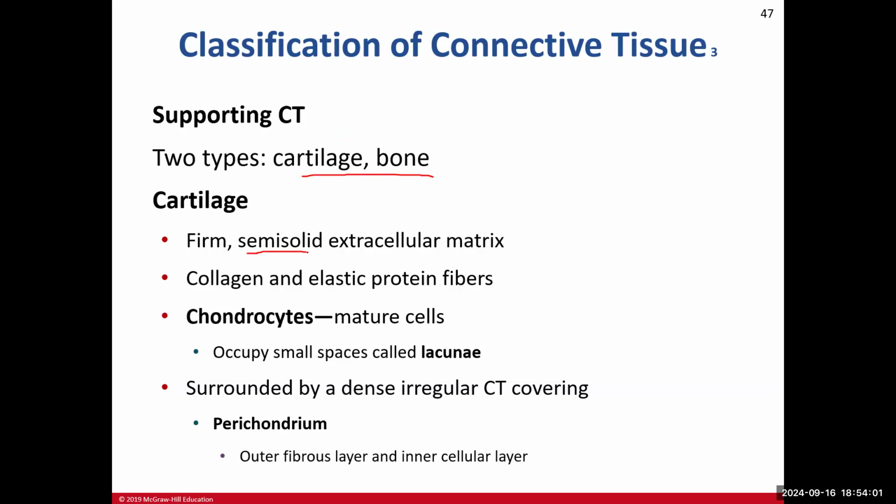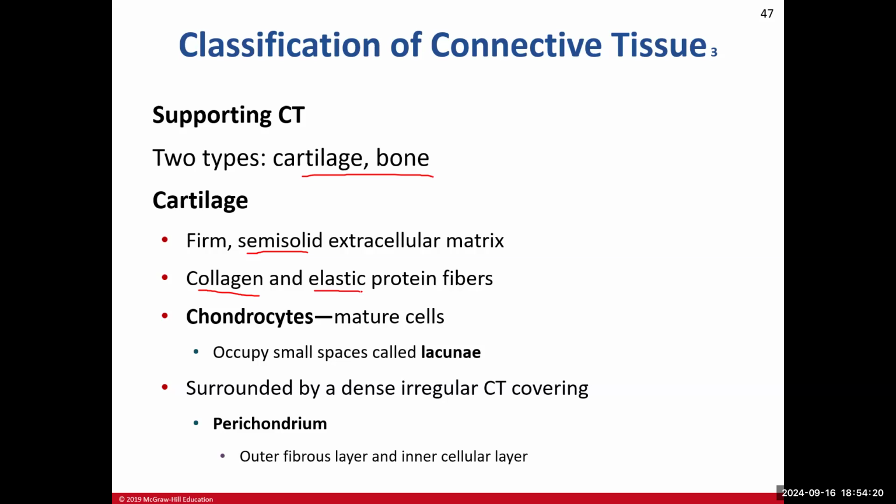So in this type of connective tissue, you're going to see a lot of protein fibers, predominantly collagen to give that tissue strength, and then elastic protein fibers to give it that flexibility. Okay, so we're going to have flexibility and strength in our cartilage.